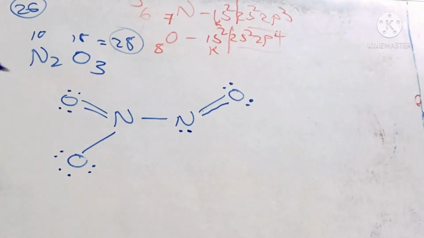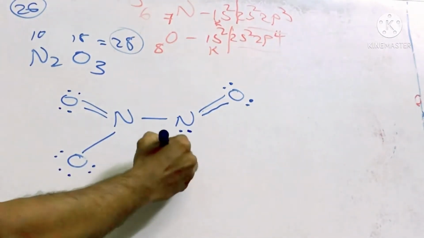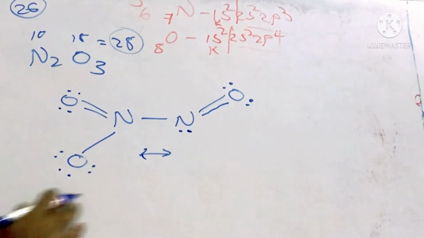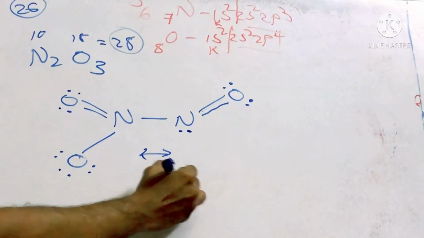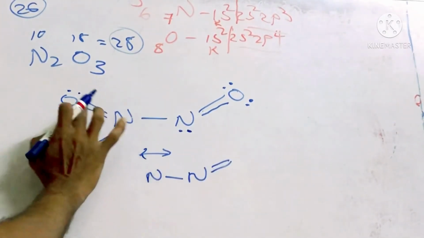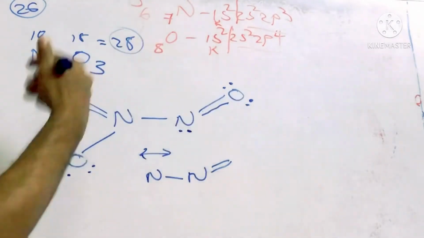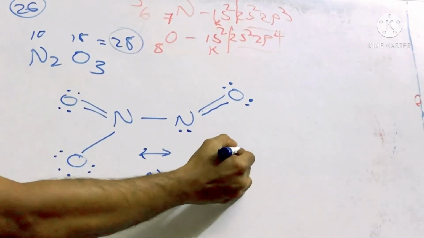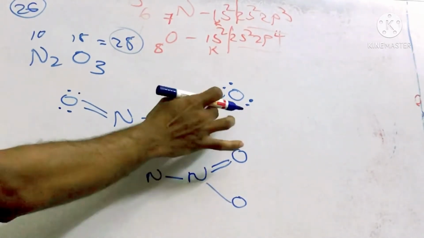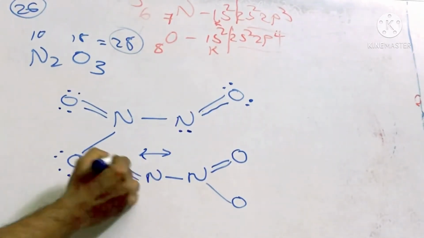So the resonance form, you can write it like this. I will be writing here. If I write the resonance form, N, and here you can change these bonds towards this to be here. So N double bond O and single bond O, and this N double bond O will be here. That's all.